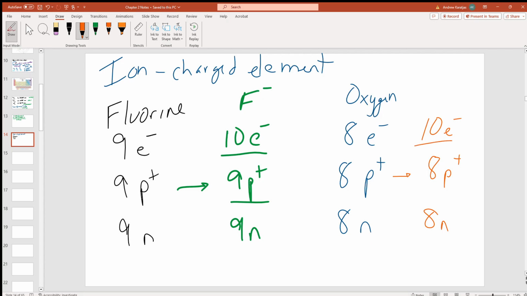Now we have a difference of 2 comparing our protons to our electrons. So the charge here for oxygen would be -2, or we typically write that as 2 minus. Because this is a negative ion, or both of these are negative ions, we would refer to these as anions.